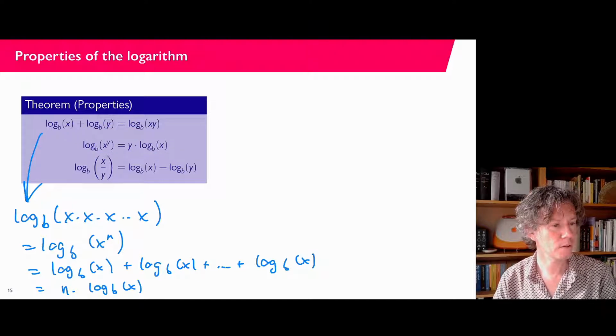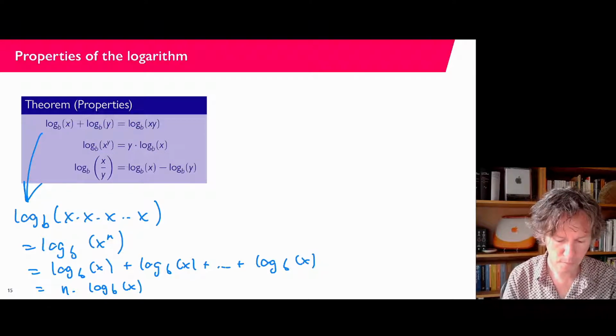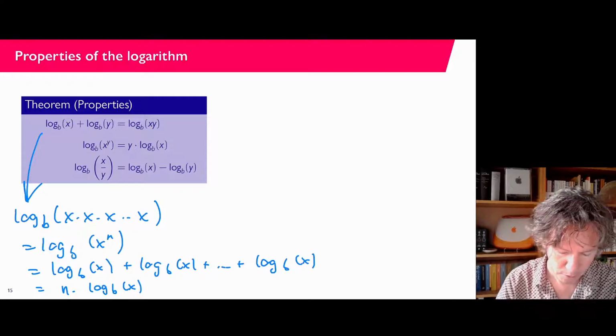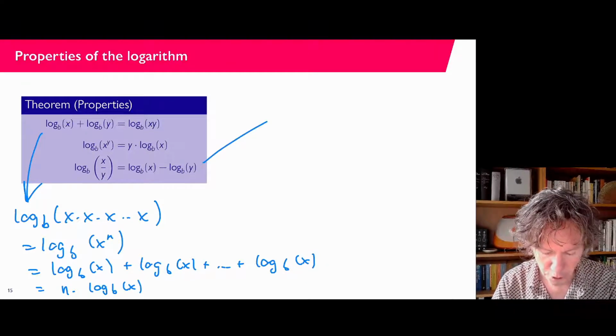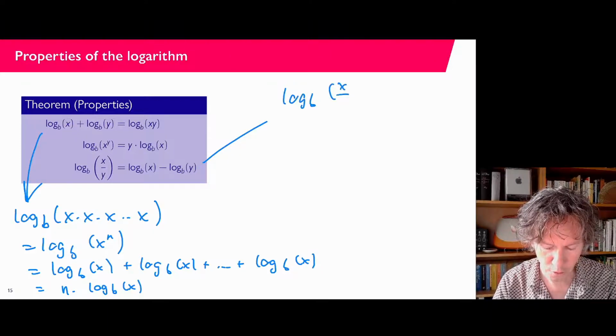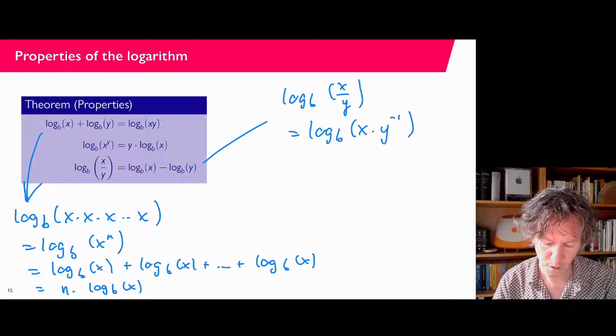And then the last one. Here you can derive that log b of x over y is log b of x times y to the power minus 1. Then I split it using the first property.